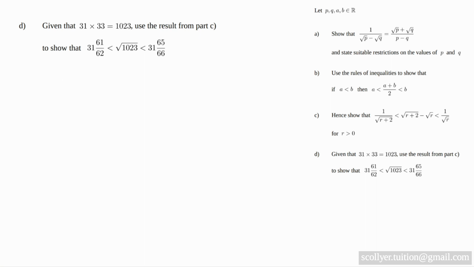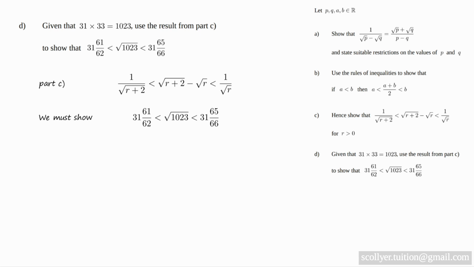From Part C, we have this double inequality, and we must show this inequality given that 31 times 33 equals 1023. Now we see that 33 equals 31 plus 2, so it makes sense to set r equal to 31, r plus 2 equal to 33.